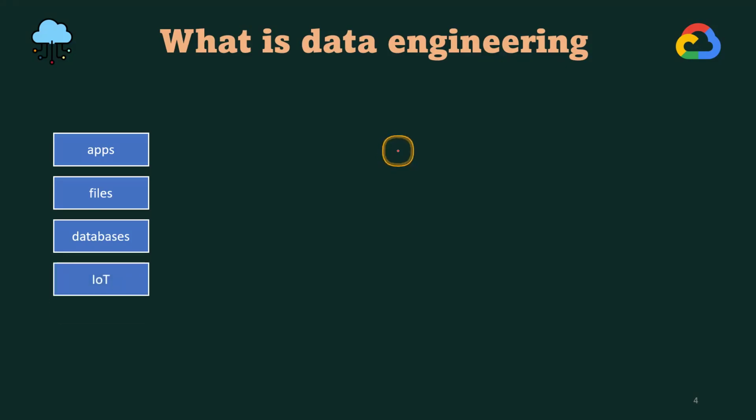The data may also come from IoT devices such as sensor devices. So we have multiple data sources. These are what I usually call data sources: where the data is generated or where it comes from.